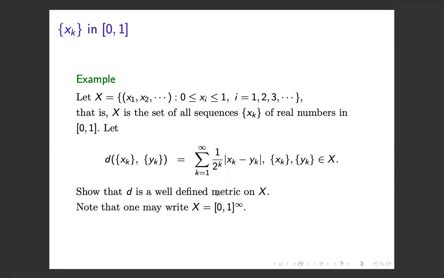But here, this metric space can be considered as a product like this, but if I say it like this, that looks more complicated. That is X equal to the closed interval 0 to 1 to the power infinity. Initially I was even hesitating whether I should mention that at all, but I couldn't resist the temptation of mentioning that this is one way of representing that. But in this course, we will generally be discussing only finitely many products.